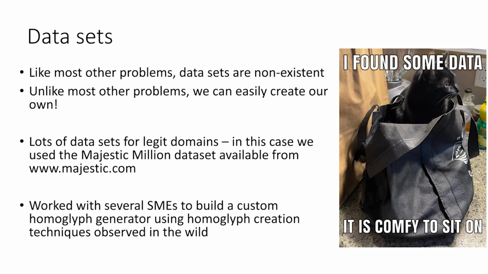So in this particular case, to train the initial model, we used the Majestic Million dataset, which is a dataset of the most frequently referred to domains on the internet. It's fairly regularly updated by a group. You can get it online. I believe it's Creative Commons licensed, but it's a really good dataset if you're dealing with anything network related.